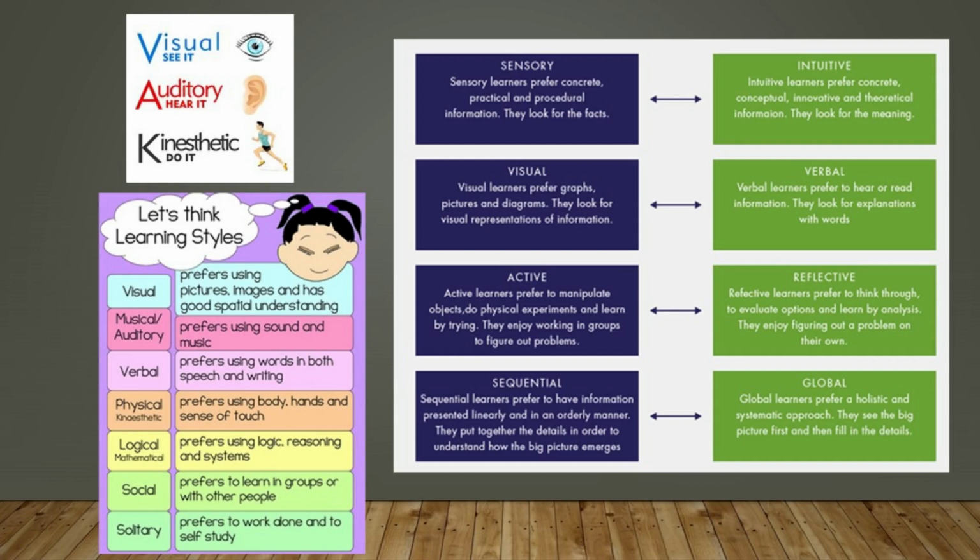You can usually hit three or four in a lesson. But the more learning styles that you present, the more students you're reaching. So just think of it that way: what can I do to implement more learning styles and reach more students?